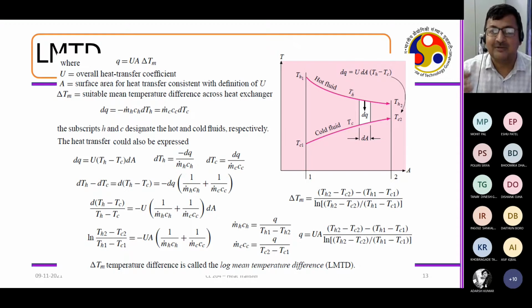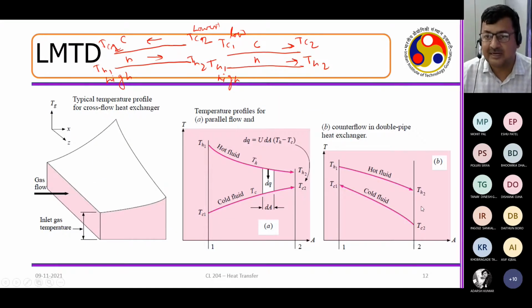So whenever someone asks, for co-flow or counter-flow, what is the driving force? TH2 minus TC2 is my outside, minus TH1 minus TC1, my inside, divided by ln of TH2 minus TC2 divided by TH1 minus TC1. That becomes my log mean temperature difference, my mean temperature difference.